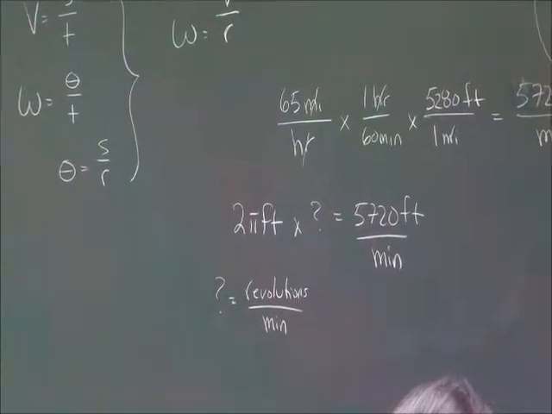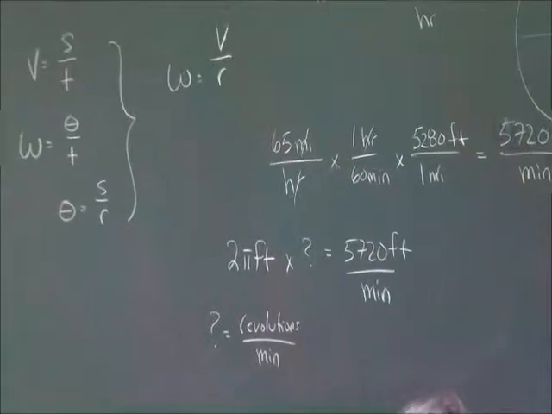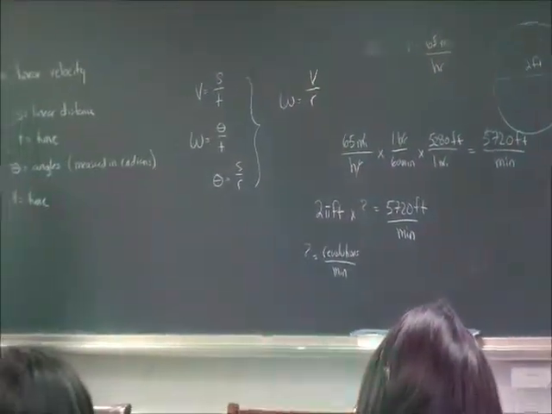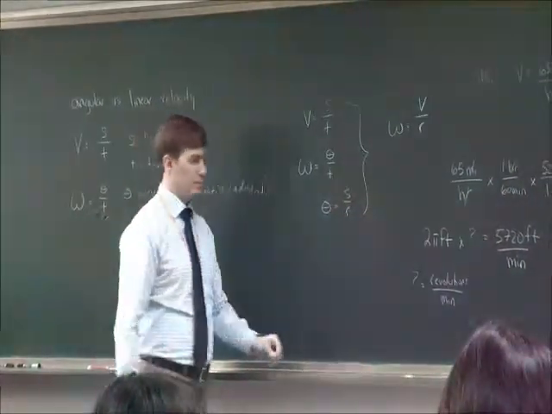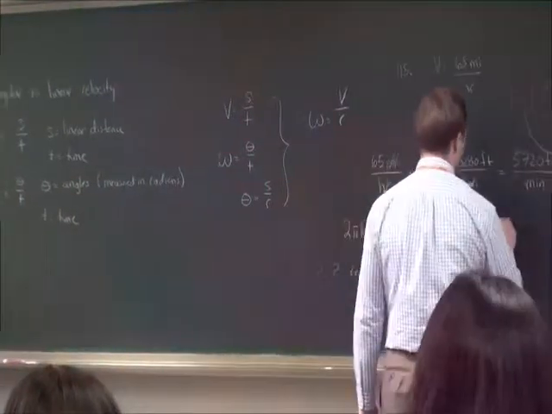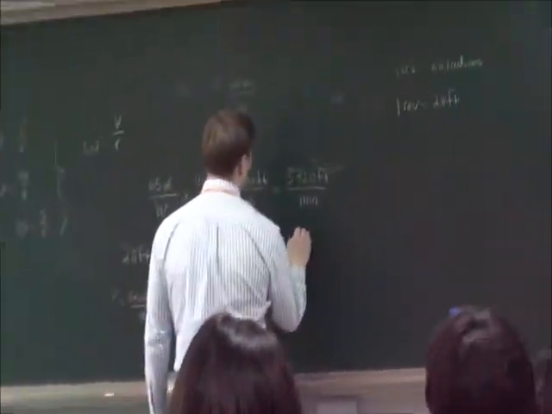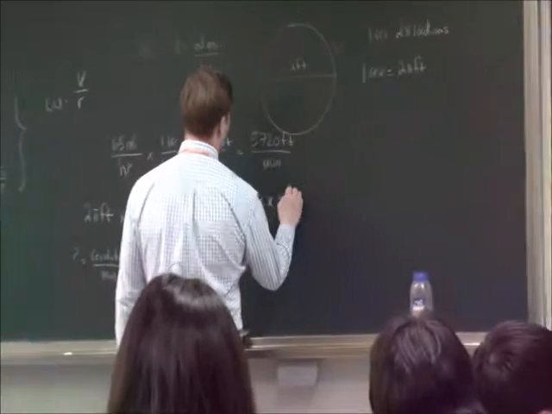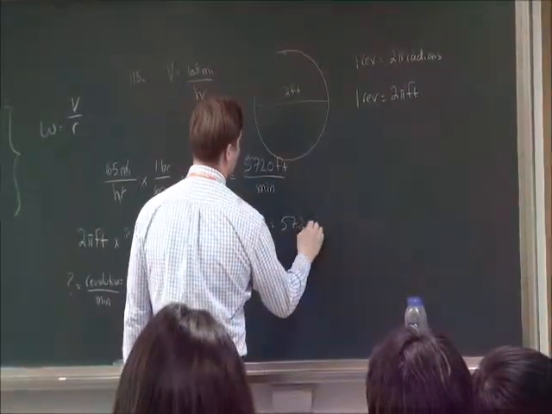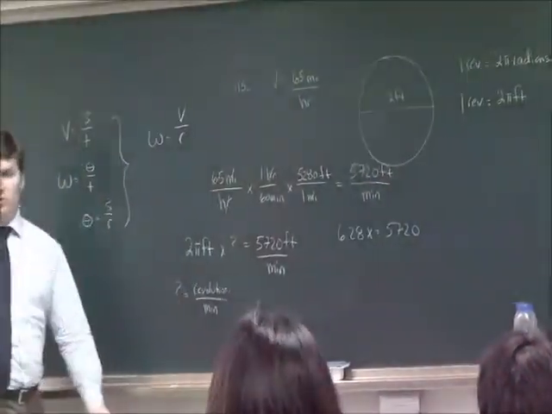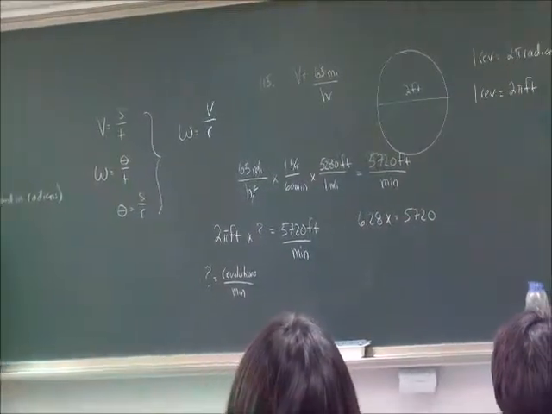Let's say pi is 3.14. Well, how many revolutions do we come up with here? So we're gonna have 6.28 x is equal to 5,720. What's x equal to?